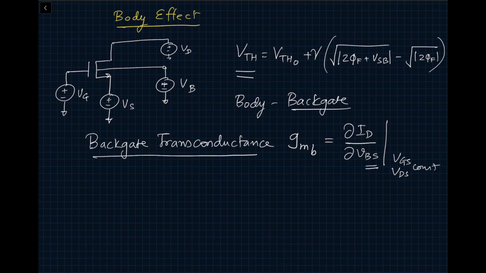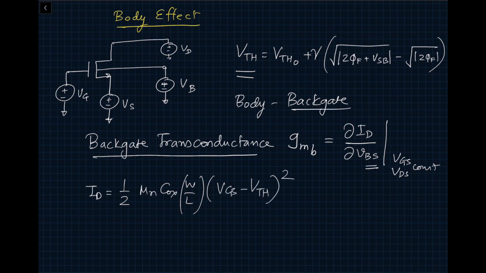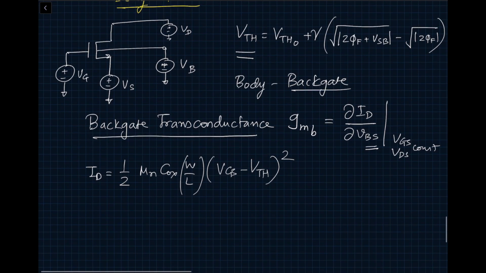We start from our basic saturated transistor equation, which is ID is equal to half mu n Cox W by L times (VGS minus VTH) squared. For now, I'm ignoring the channel length modulation because it doesn't add anything right now.